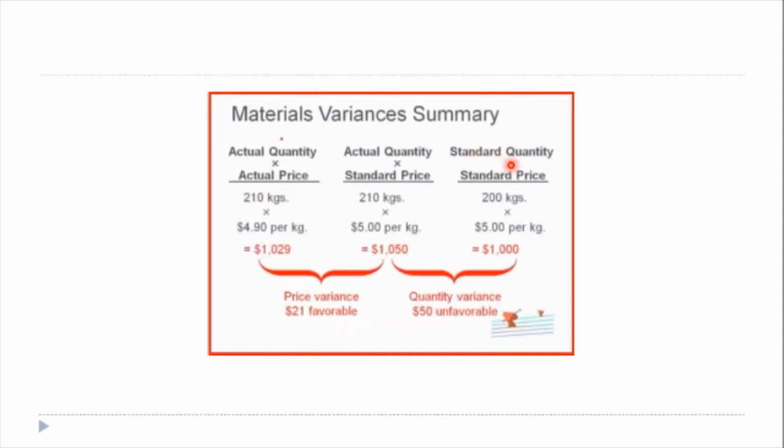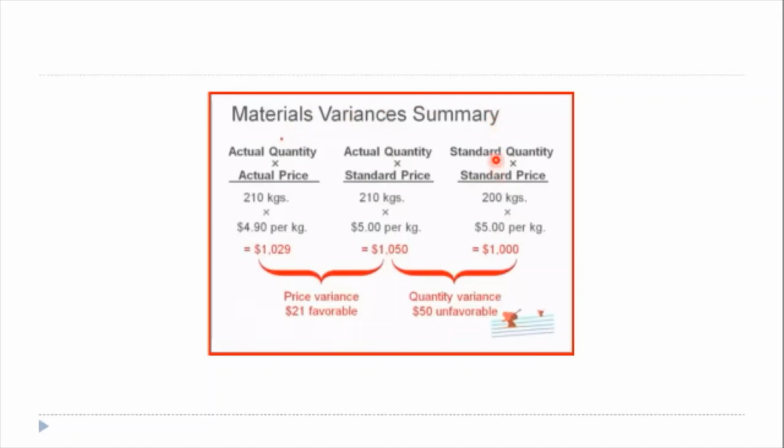So the standard quantity by the standard price here would be 200 by 5. This is what should have been used, right? This is what they purchased, and this is what is actually used. Okay, we got it? Okay, I'll go over that again.